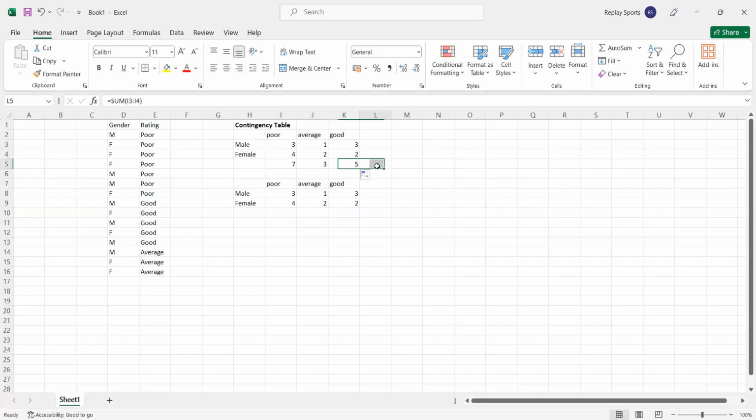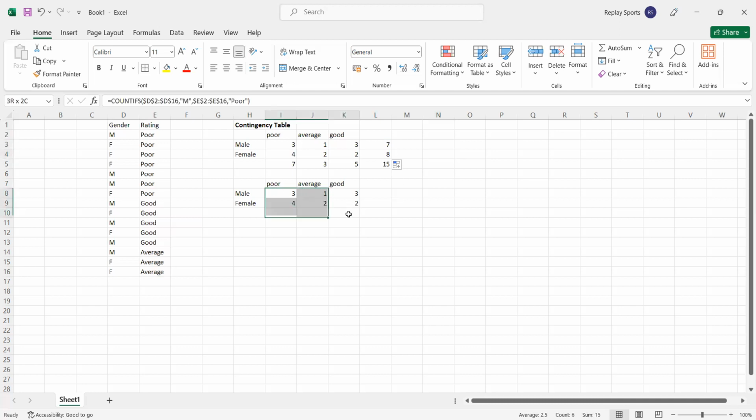Seven. It is 15, right? And this will also be 15. You can do sum here. So 15.